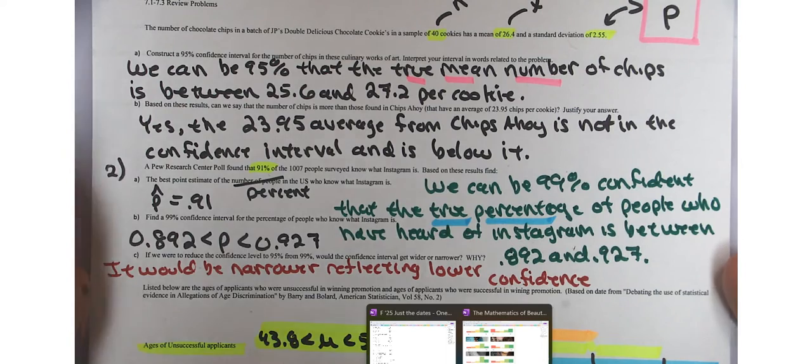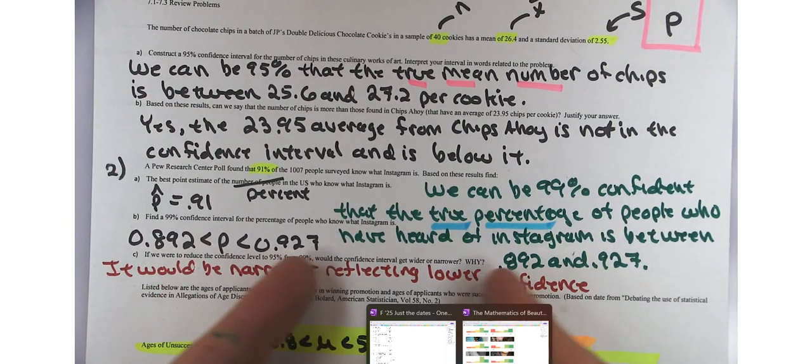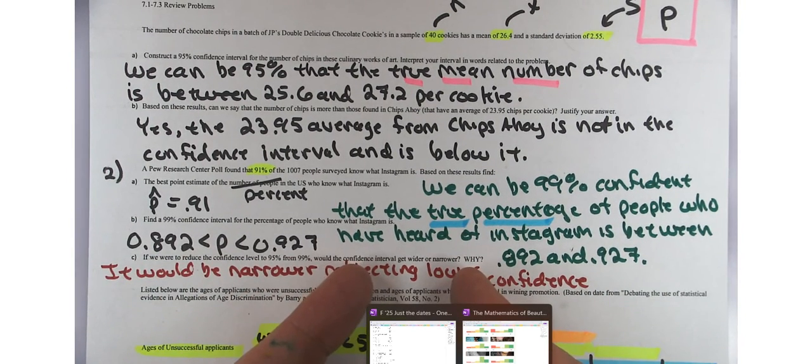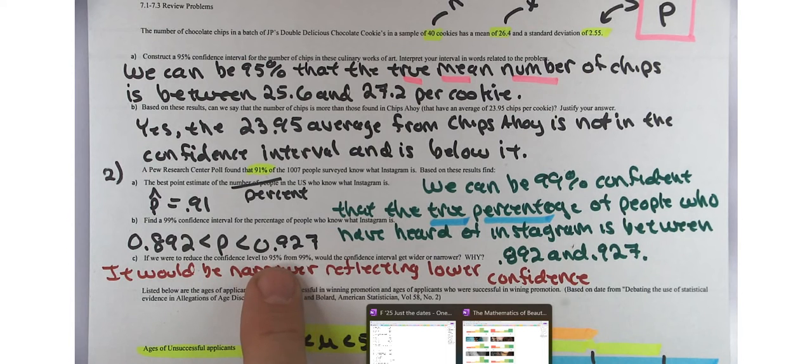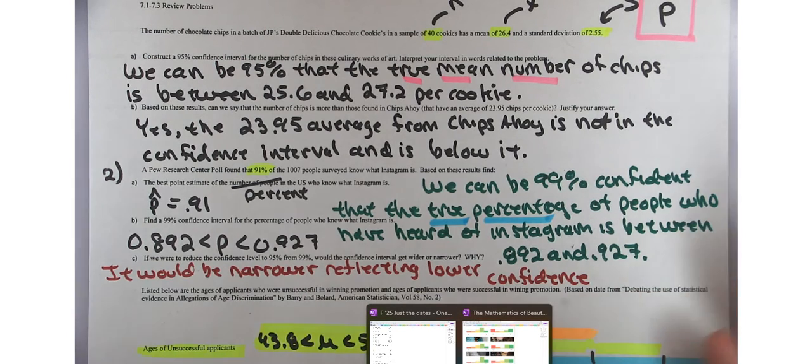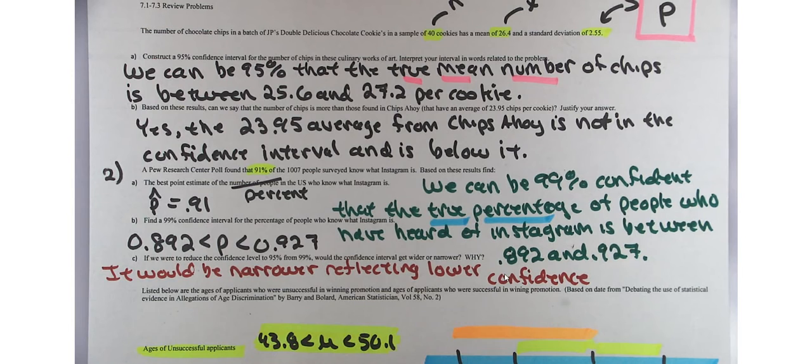If you demand less confidence, then I need less room for error. So that's what's happening. And going from 95 down to 90, or 99 down to 95, you don't need as wide of a confidence interval because you're not expressing as much confidence in your answer.